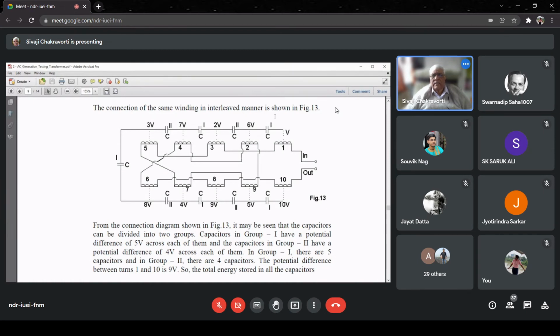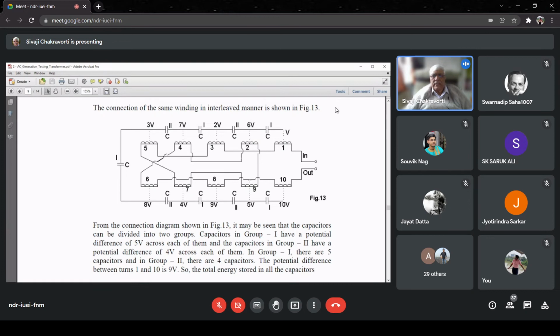But what has changed is the voltage appearing across the capacitor junctions. For example, take capacitor 1. Here one terminal is at V, the other is at 6V, so the potential difference is 5V. Take the second capacitor. One terminal is at 6V, the other is at 2V, so the potential difference is 4V. So one has 5V, two has 4V.